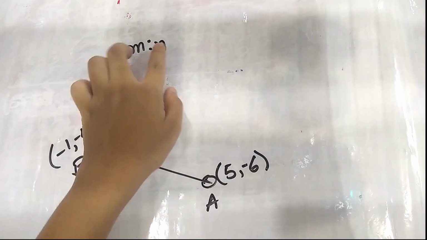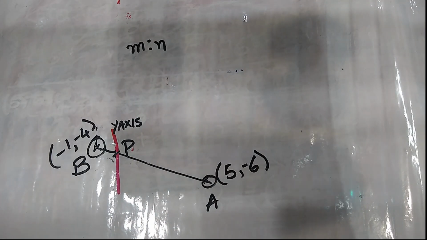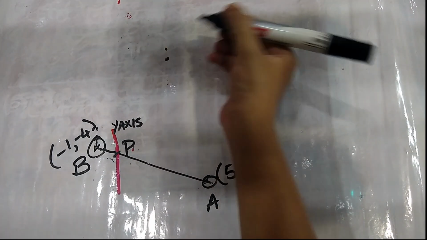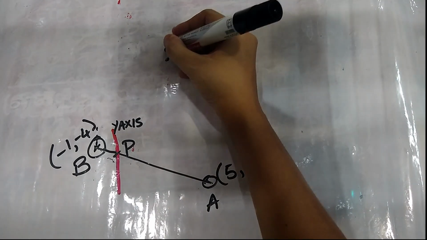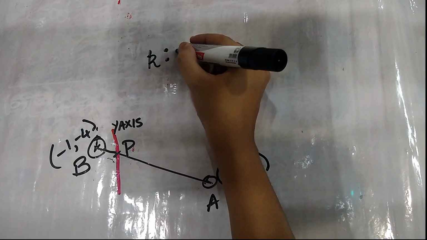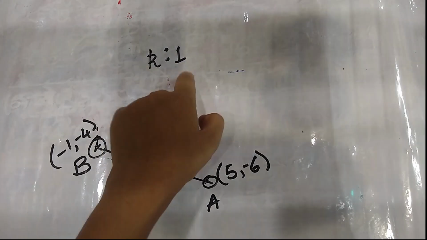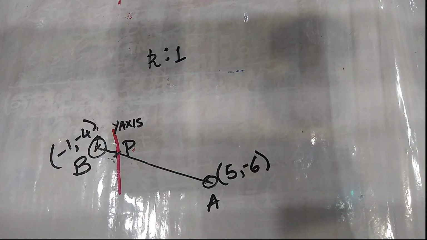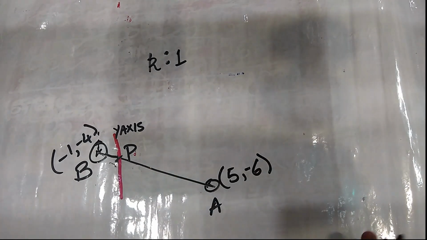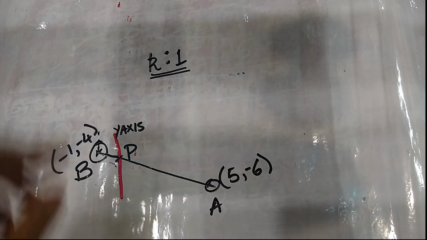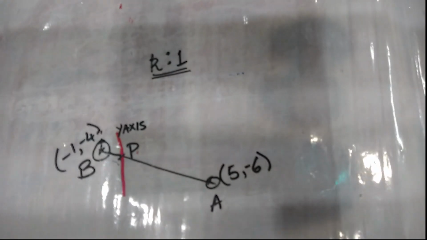So instead of using two unknown variables, we can use one known number and an unknown variable, which is k is to 1, which we have already seen as one of the special cases. We already understood the section formula for k is to 1 as the ratio. So let us do this whole problem with k is to 1 as the ratio.